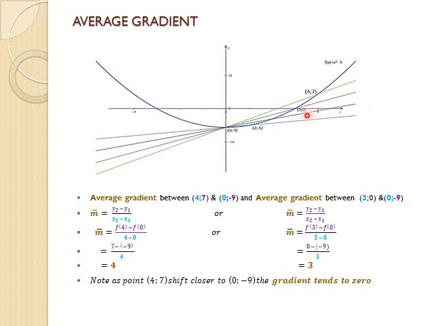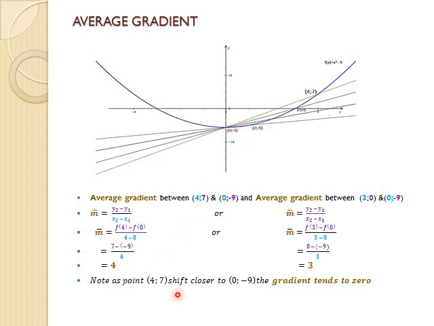If I come a little bit closer, as I move from there to (3, 0), what happens to my gradient? f(3) minus f(0) over 3 minus 0: 0 minus minus 9 gives me 9 divided by 3, which is 3. As you can see, as I move from this point towards there, my gradient is becoming smaller and smaller till eventually it tends to 0.